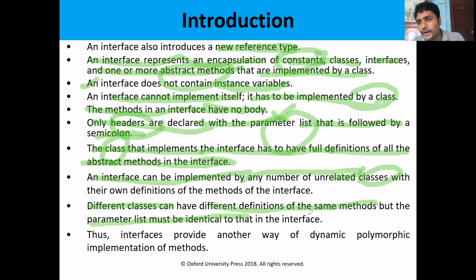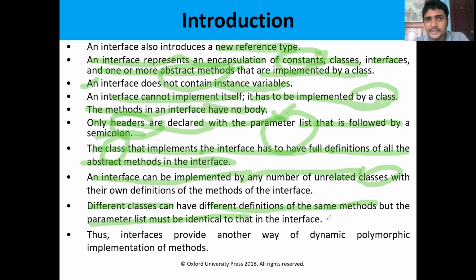That means method overriding is possible here. Method overriding is possible in interfaces. By using interfaces, we can also implement method overriding. That means the method has the same name and same parameter list in different classes.